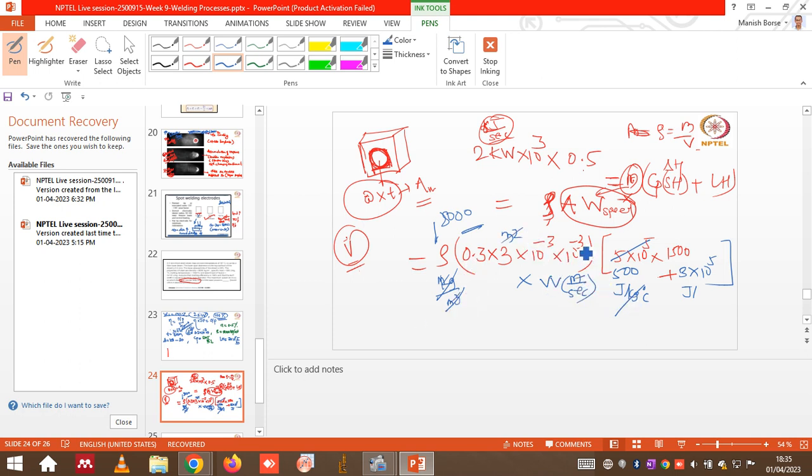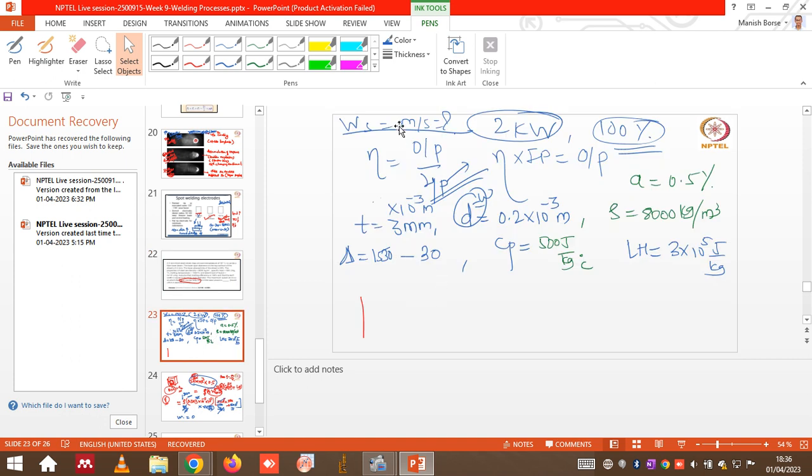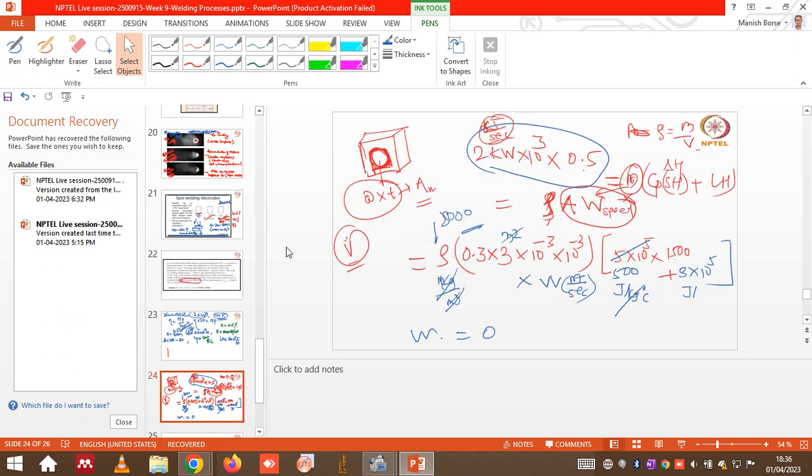So all the units match, and if we compare that with the input values, like 2 kilowatt into 10 raised to 3 into 0.5, we get the welding speed in the range of 0.193 to 0.2 meter per second.